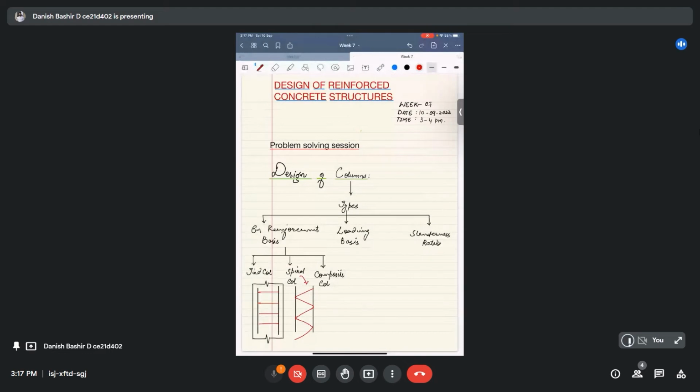Composite column is another category here. The reinforcement is in the form of structural steel sections, for example a circular section or an I section.